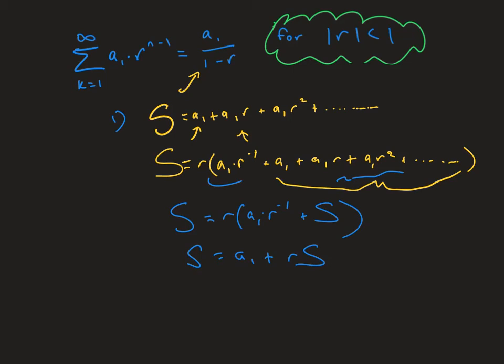So we have S minus r times S equals a sub 1. Now we can factor out S. We get S times 1 minus r equals a sub 1. And from there, you guys can figure this out. We get S equals a sub 1 over 1 minus r, just like what we said at the beginning. Pretty cool, right?